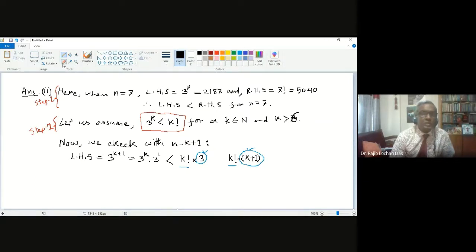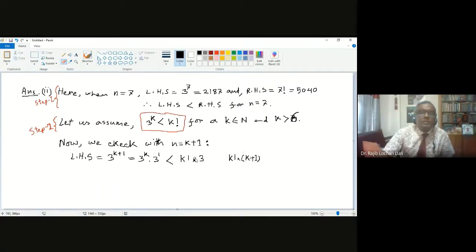So we actually come to the decision that the right side is bigger, because 3 is smaller than k plus 1. K plus 1 may be 8, 9, 10, 11, 12, but not less than that.